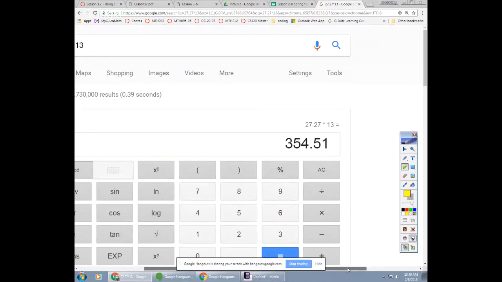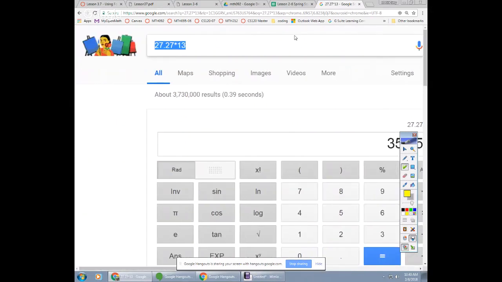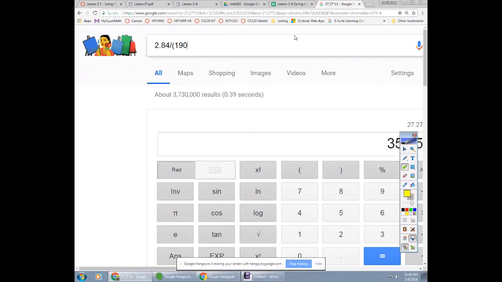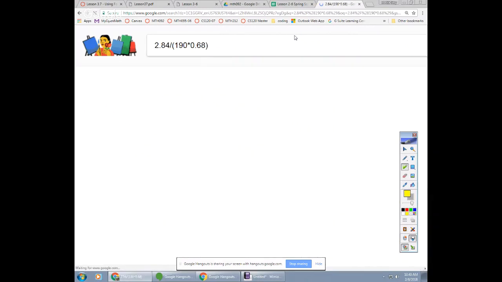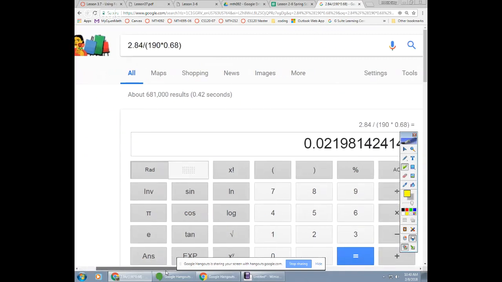Someday I gotta fix my Google calculator. It only doesn't work on this computer, which is interesting. So what do we get? 2.84 divided by parentheses 190 times 0.68 gives me, to 3 decimal places, 0.022. So make sure you can come up with the same answer on your calculator.